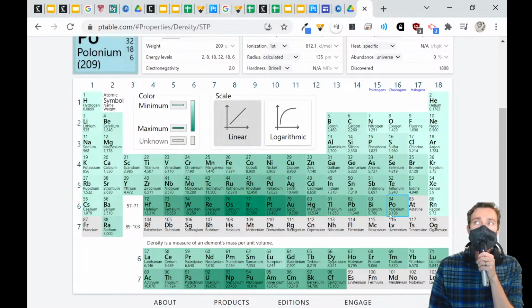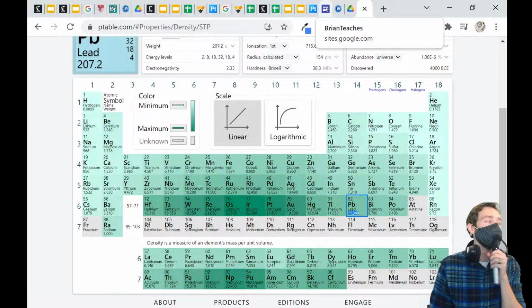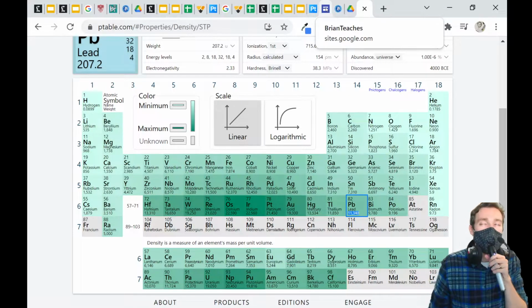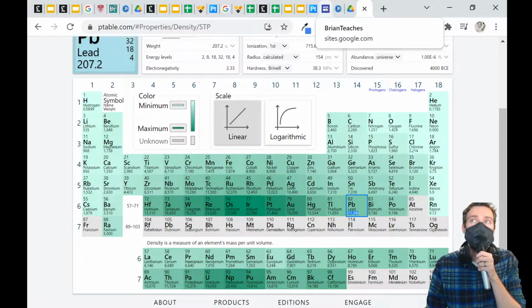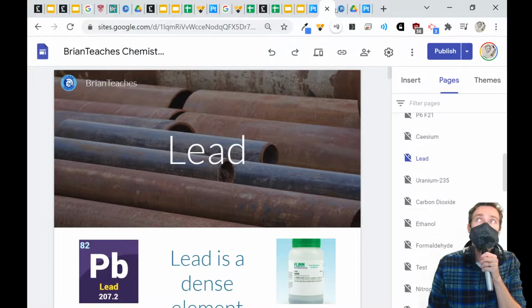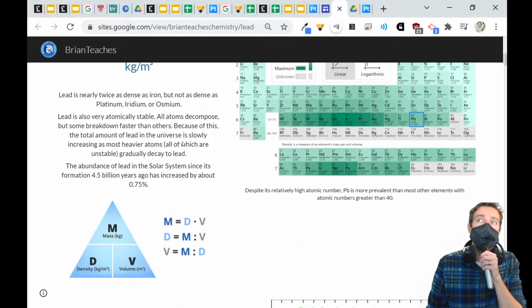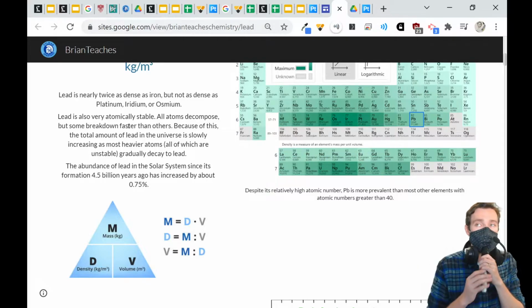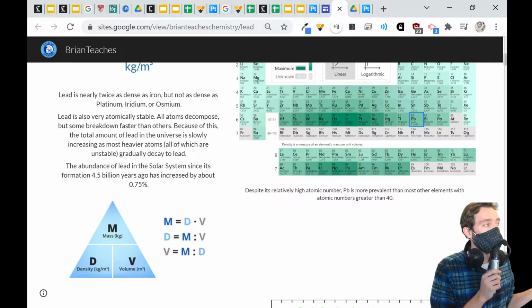Lead is pretty dense. 11,340. That's pretty dense. When something is dense, it means there's a lot of particles packed together tightly, and that can convey some useful attributes to that element. That's one reason why we use lead, because it can make some strong pipes.